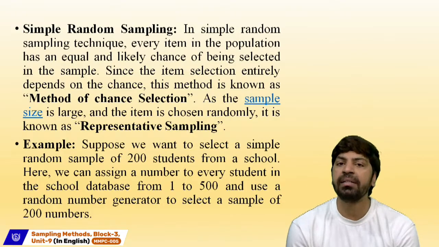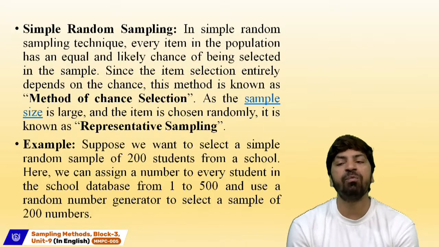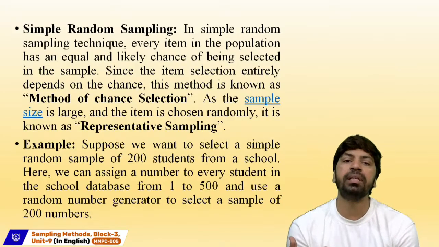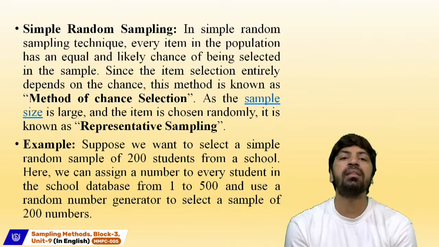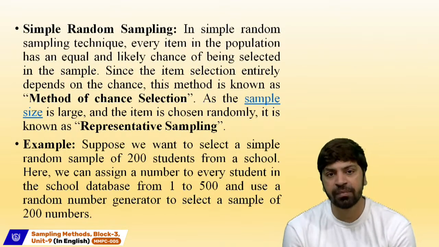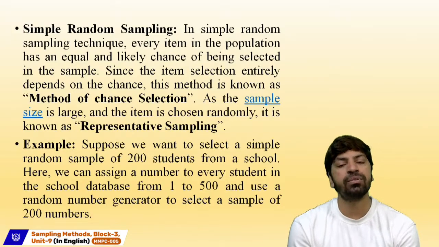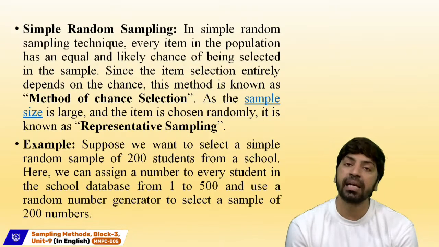Since the item selection is totally dependent on chance, this method is known as the method of chance selection. As the sample size is large, the items are chosen randomly, and that is exactly called representative sampling.